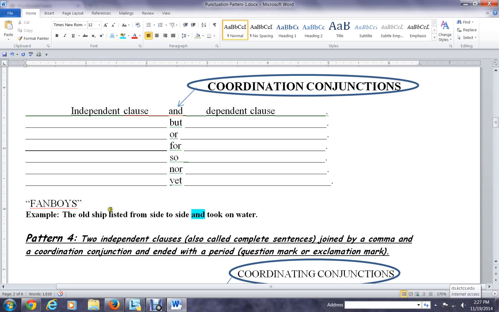So any of these words, and this is all there is, one, two, three, four, five, six, seven, only seven coordinating conjunctions. If you find one in the middle of the sentence, to decide whether it has to have a comma there or not, look at what's on either side of it.